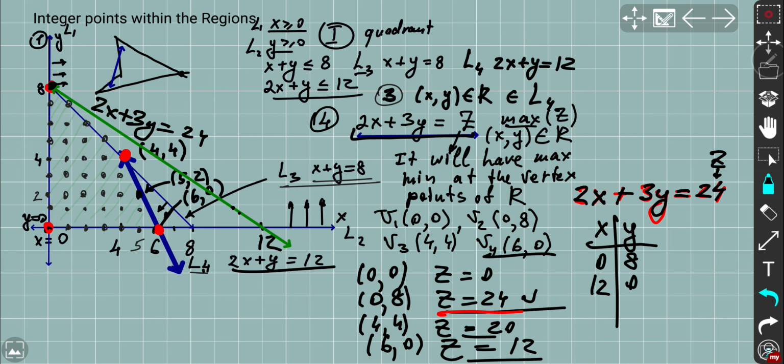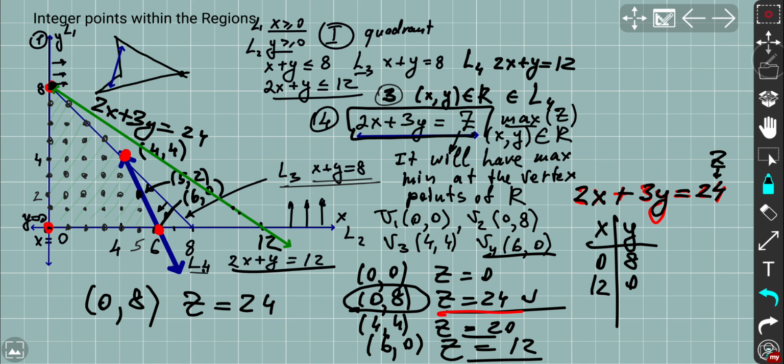So only there, at the coordinates 0, 8, the maximum value for z, which is 24, occurs. If you want to test all the values, you can test any other points within that region, and you'll see that the maximum value cannot be reached by our z objective function. You can check by your own.